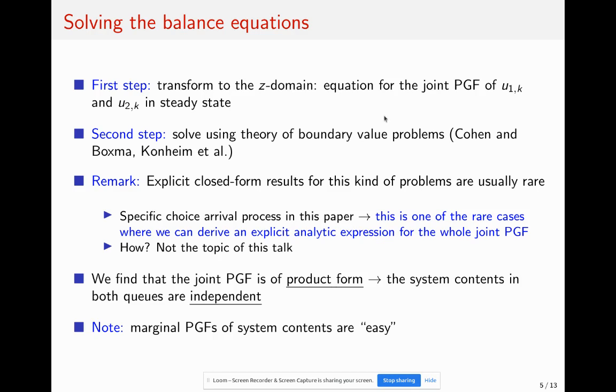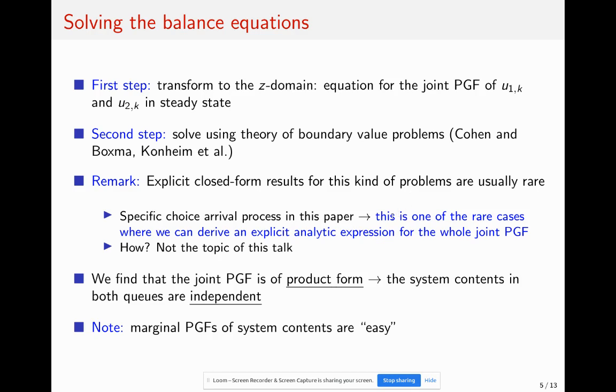It is well known in a particular area of queuing theory that it is very difficult, and you can solve this equation using the theory of boundary value problems. But it is very important to remark that explicit closed-form results for this kind of problems are usually rare.